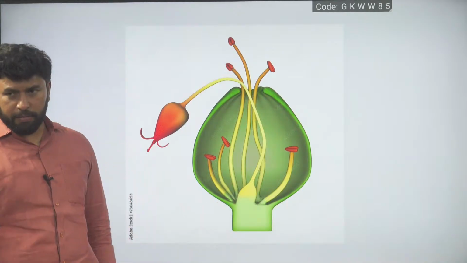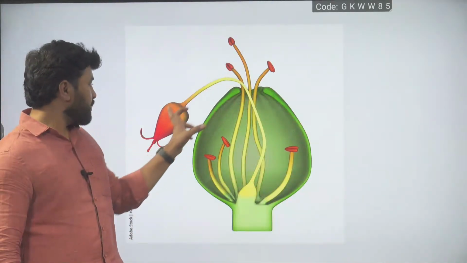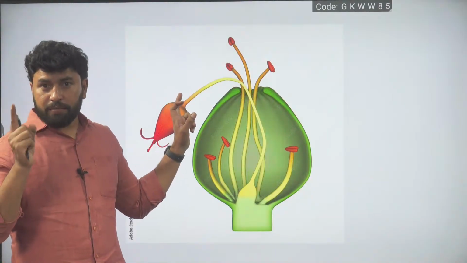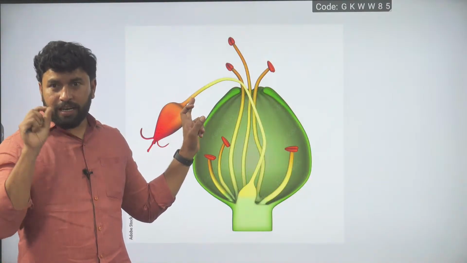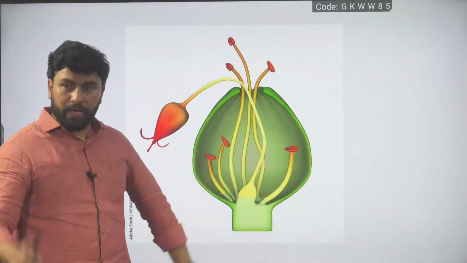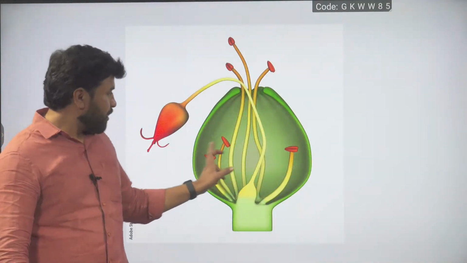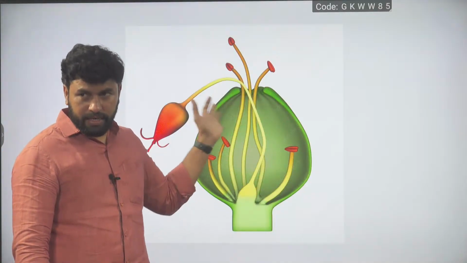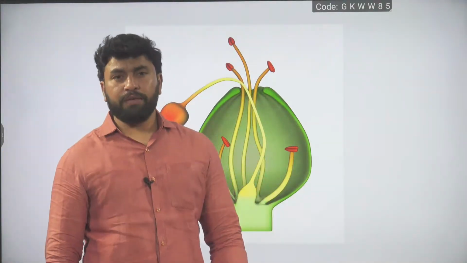In Euphorbiaceae members, this is a single female flower. It's not a stigma and style. It's not part of the female flower. This is actually a female flower, and the male flowers are going to be surrounded around it. This kind of arrangement of flowers is called cyathium inflorescence.